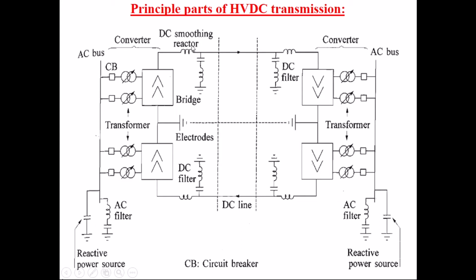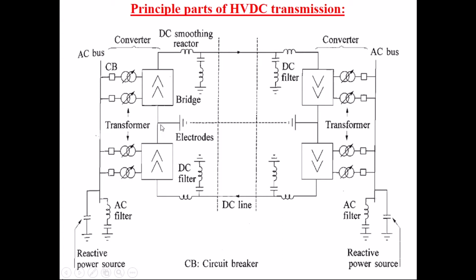Here on the DC side we also require the DC filter as well as the DC smoothing reactor. The DC smoothing reactor is used to reduce the ripple contained in the DC output, as we know the output of the converter is not pure DC. To remove this ripple from the output DC voltage we require the smoothing reactor. Because of this smoothing reactor some harmonics are there, so we require the DC filter.